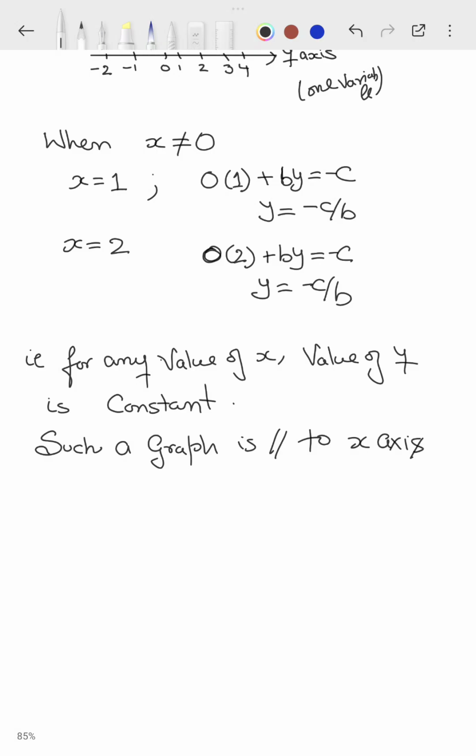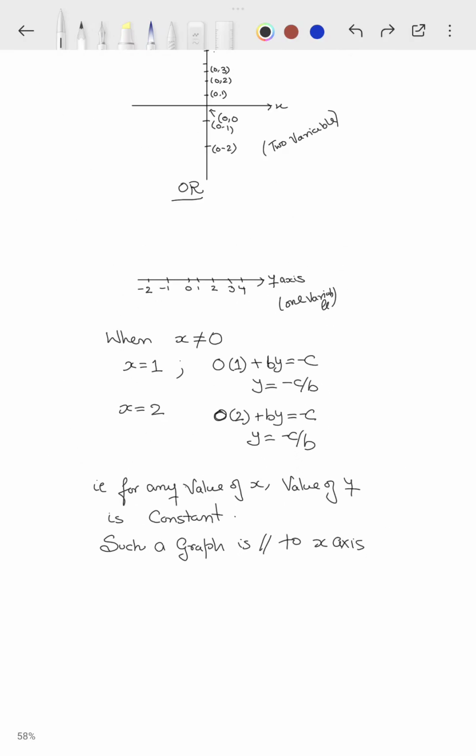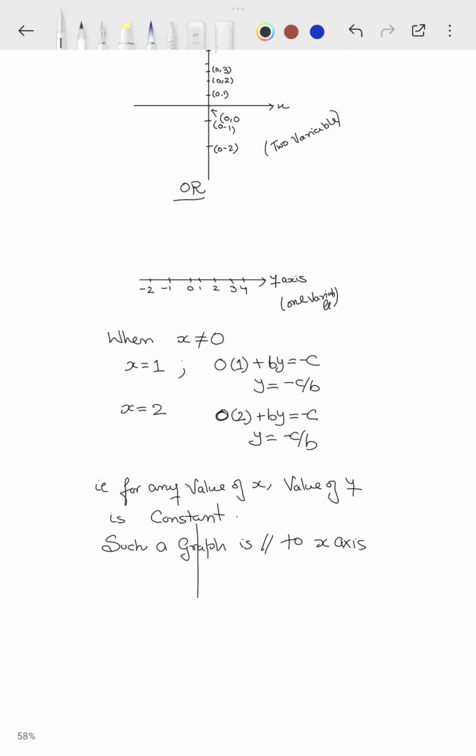This we can show by taking an example. Let's take the question as y is equal to 3.